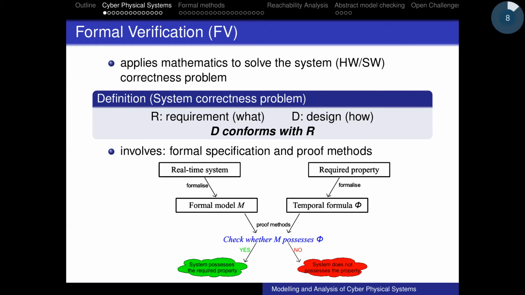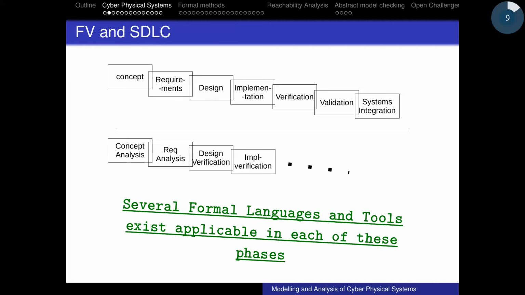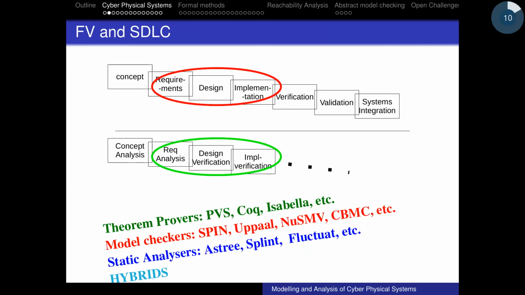If not, we have evidence for why it fails. Such formal verification can be applied at various phases of system design, from conceptualization and requirement definition to design and implementation. So we can do concept analysis, requirement analysis, design verification, and implementation verification. Several formal languages and tools exist, each applicable in every phase.